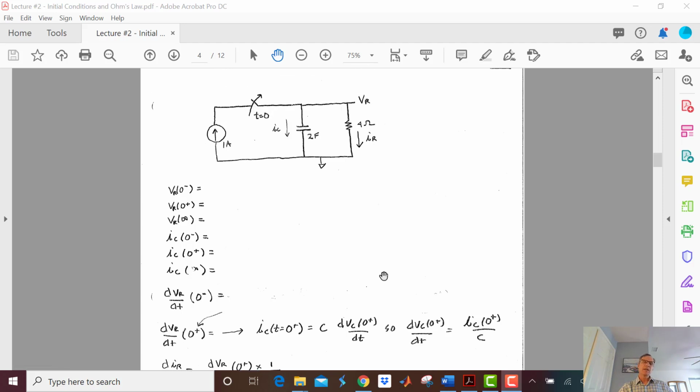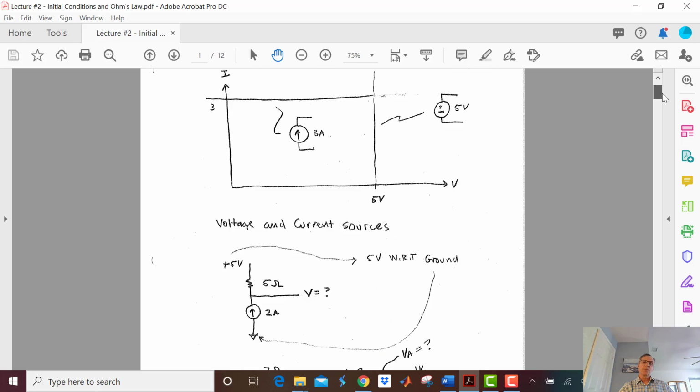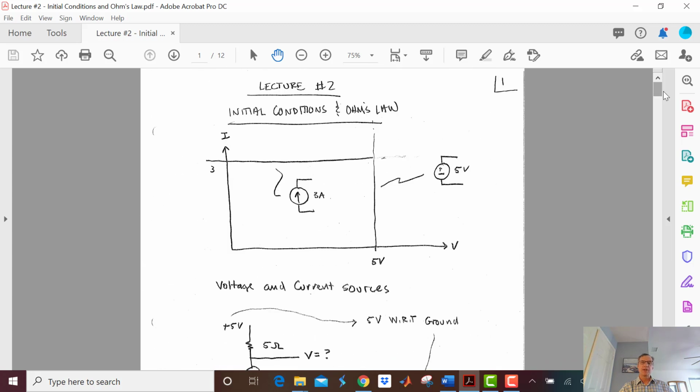Now, at the beginning of the problem, I said we've got our 1 amp here, and we're going to open that switch at t equals 0. And you remember that I started the lecture off by saying an ideal current source will put out the specified current regardless of what it's connected to.